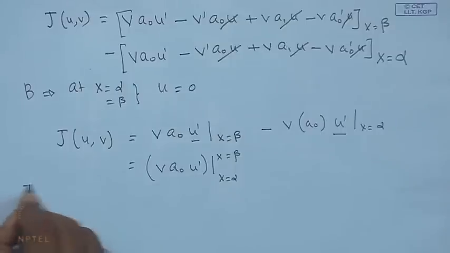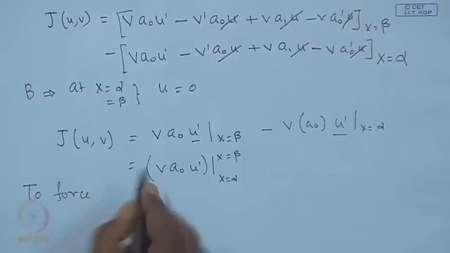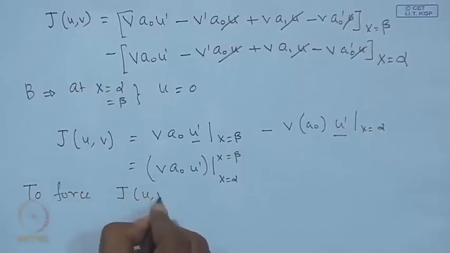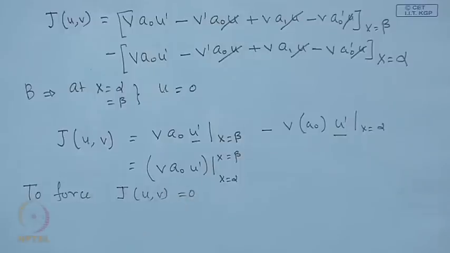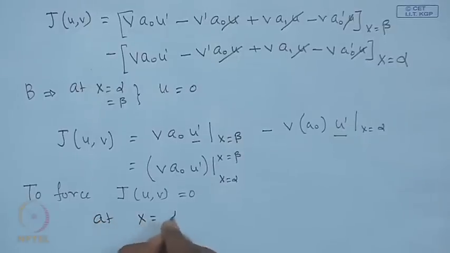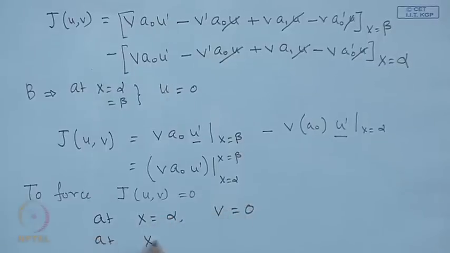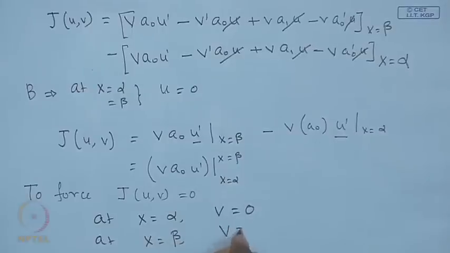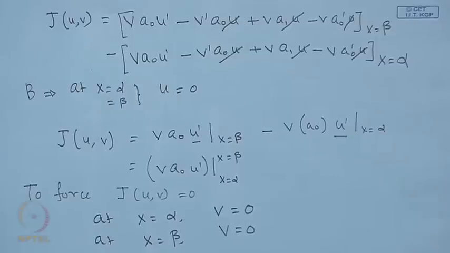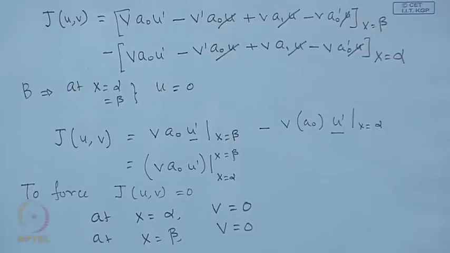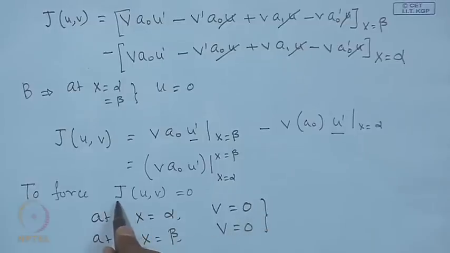So, to force j u v is equal to 0, the choice of parameters left with us is that at x is equal to alpha, we have to take v is equal to 0, and at x is equal to beta, we have to take v is equal to 0. So, if we select these two boundary conditions on v, we can force the bilinear concomitant to vanish.